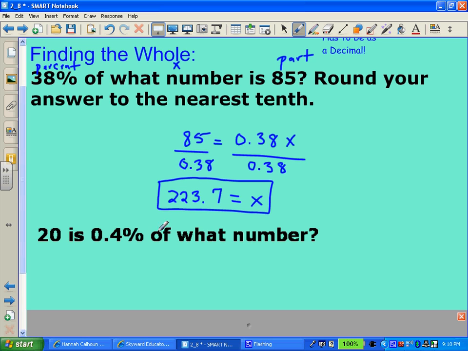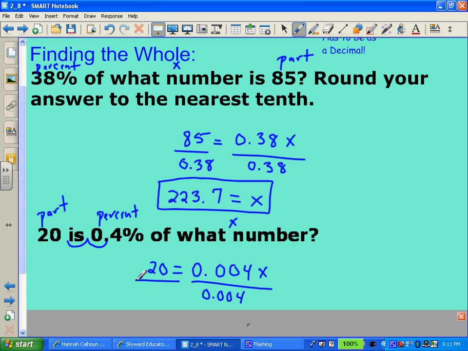Let's look at another example here. 20 is 0.4% of what number? Okay, so I don't know what comes after of, so that's going to be the whole, that's x. Here's my percent. Here's the part. So in my equation I have 20 equals, now even though this is already a decimal, I still have to move it back 2 spots. So this is 0.004 x.